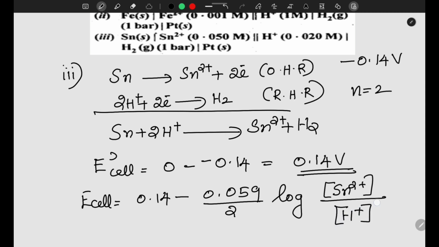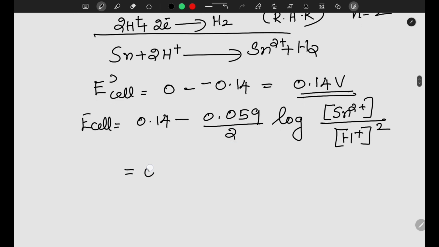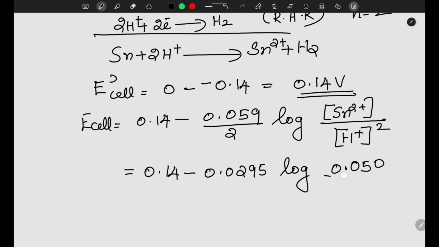The coefficient will be raised as power. So that is equal to 0.14 minus 0.0295 log concentration of Sn2 plus is 0.050 by 0.020 the whole raised to 2.